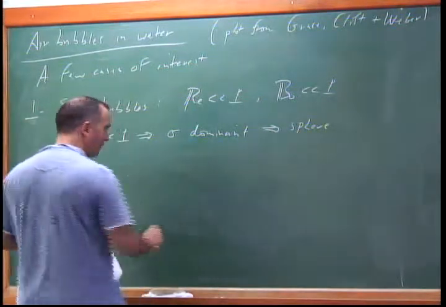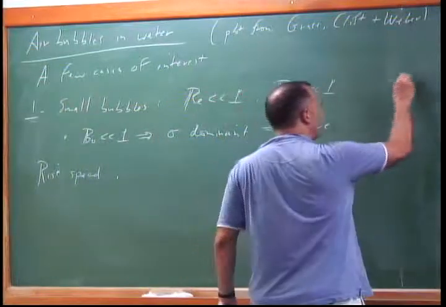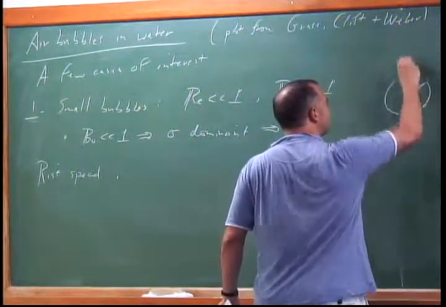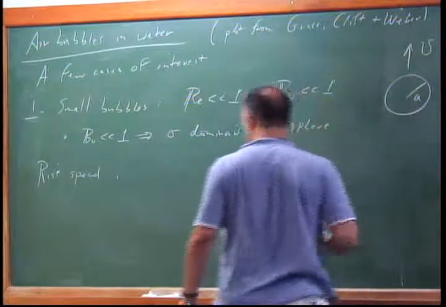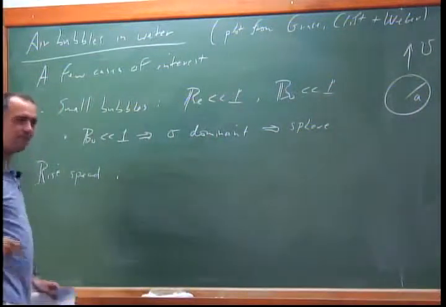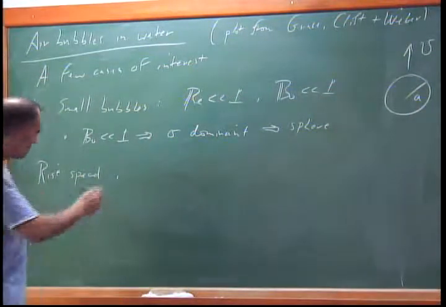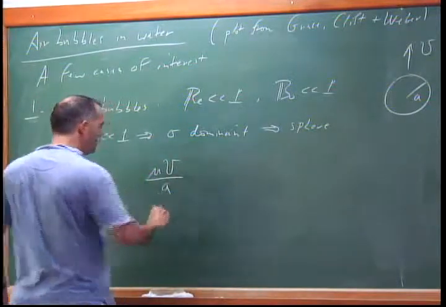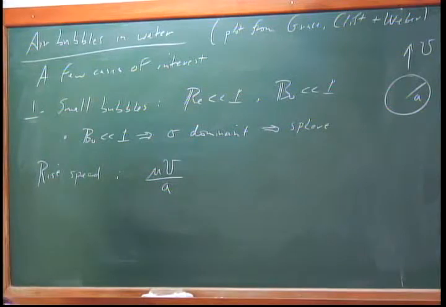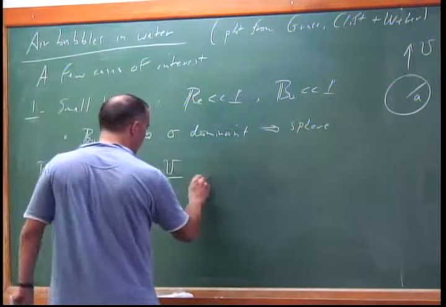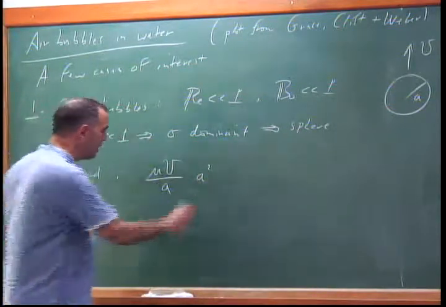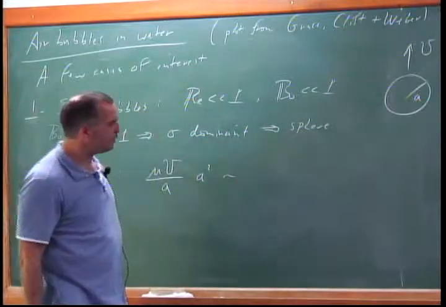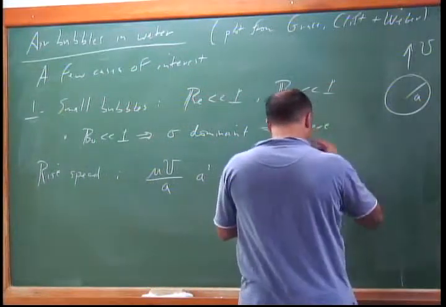Right, so we have a drop of characteristic size A, and it's spherical, moving at a speed u. What's the characteristic viscous stress on it? That's the characteristic viscous stress, and we have to integrate it over its surface. Then we balance that with buoyancy.